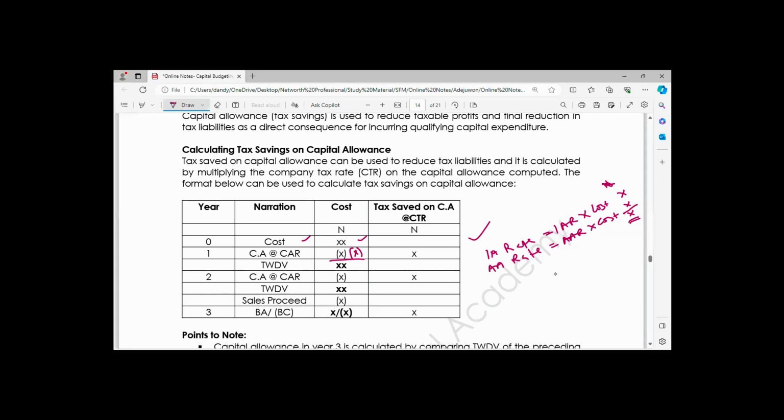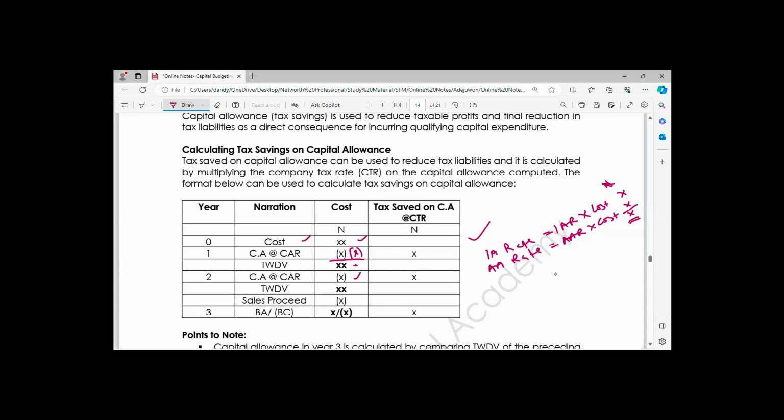Therefore, in year two, or using reducing balancing basis. So in year two, when I want to calculate my capital allowance, when I say capital allowance, I mean annual allowance. So I'm going to multiply the capital allowance rates on the tax written down value. Whatever it is, I will come and post.